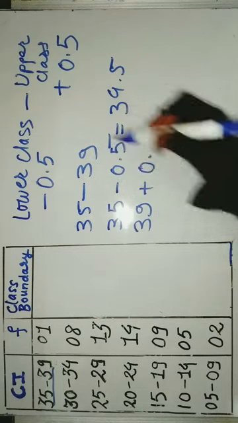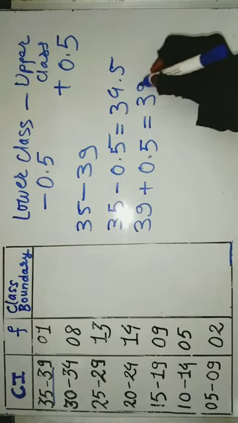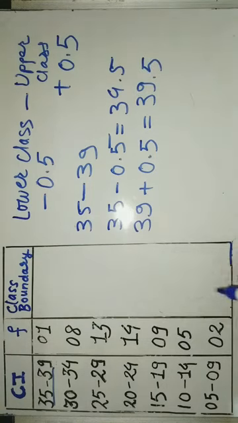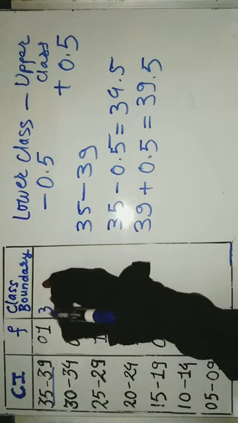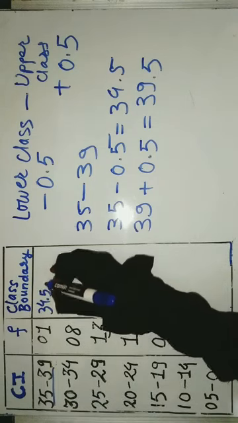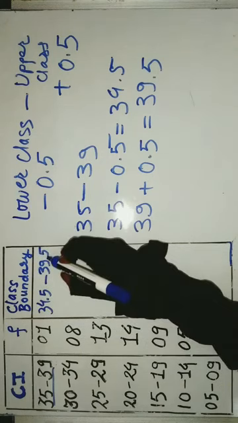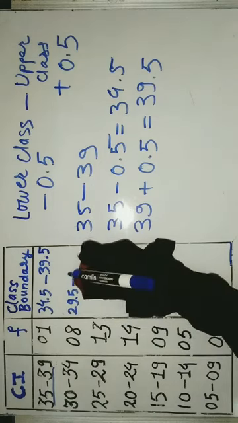So here upper class is 39. 39 plus 0.5 is equal to 39.5. Now we have to complete this column. So our first class boundary will be 34.5 to 39.5. Second class boundary will be 29.5 to 34.5.